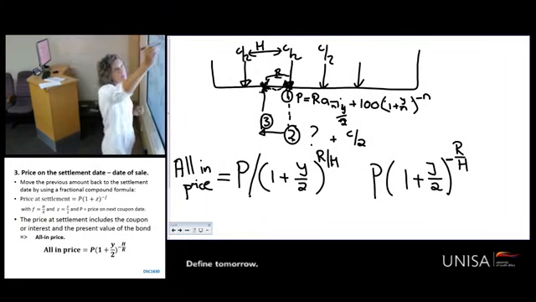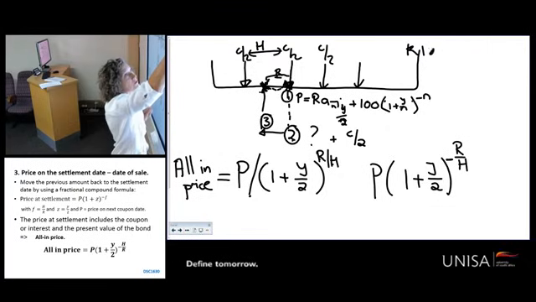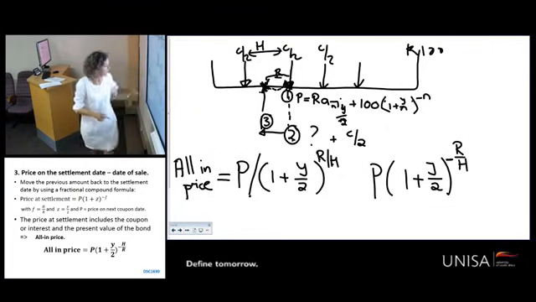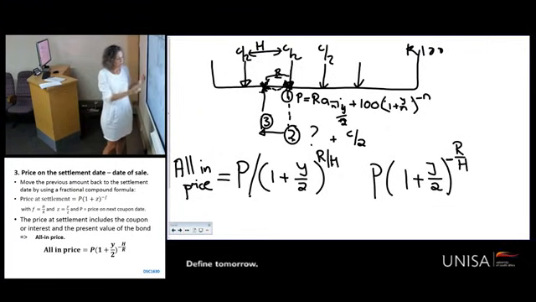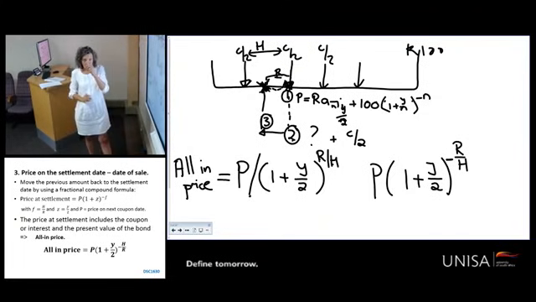And your capital amount that you invested, your 100 Rand that you're bringing back. So that's why we call it the present value. It's all included in the price. By moving that back, you get the price that you would ask for that stock on the settlement date. And we call that our all-in price.